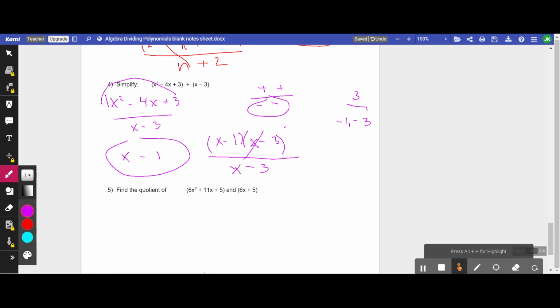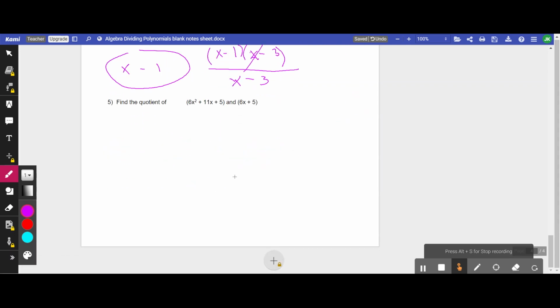And for the very last one, so this wants you to find the quotient of 6x squared plus 11x plus 5 and 6x plus 5. So I'd write this as a fraction like the others you did to start then. So your 6x squared, your first term will be your numerator there, and then this will be on the bottom then.